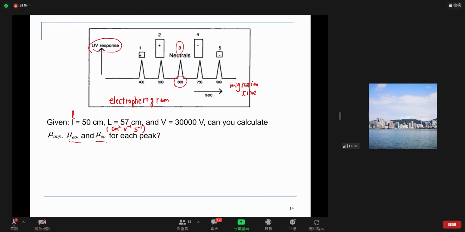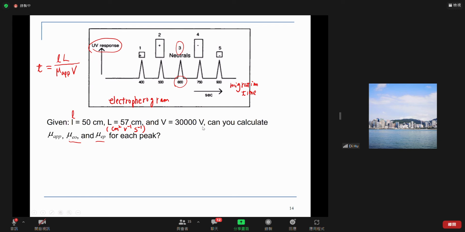Now, that's easy because from what you showed me earlier, I already know that time equals the total length divided by velocity. If I put the time in, I should be able to calculate the apparent mobility for each one.